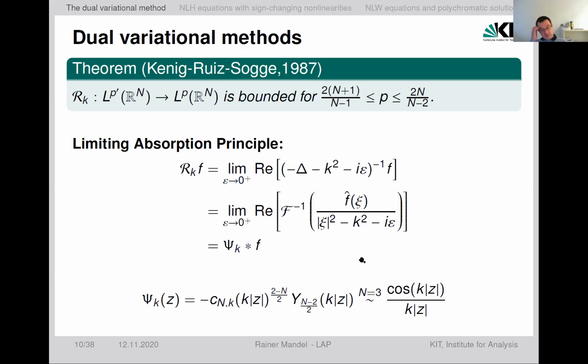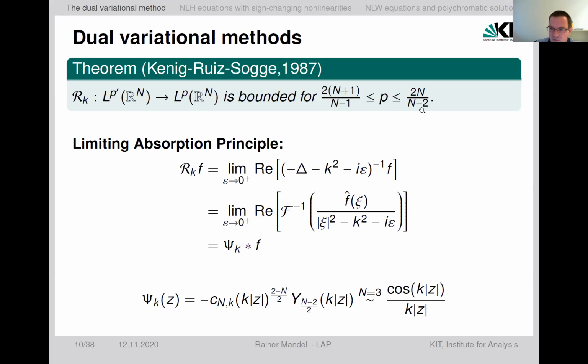So what is the reason for this restriction on p? There's this theorem by Kenig, Ruiz, and Sogge from 1987, where they proved that this right inverse R_k, obtained by a so-called limiting absorption principle, is bounded precisely for p in that range.